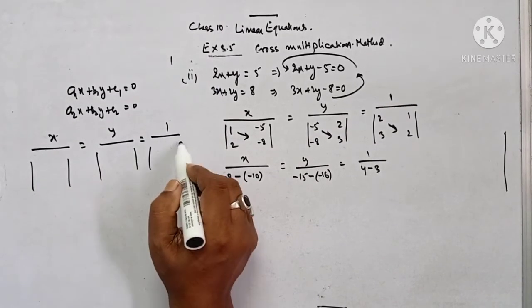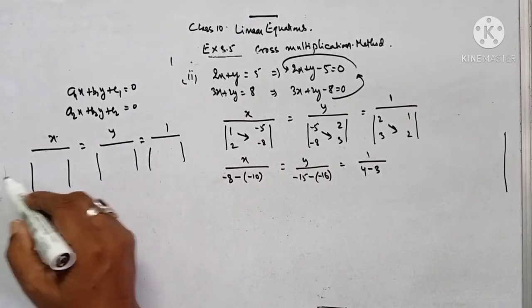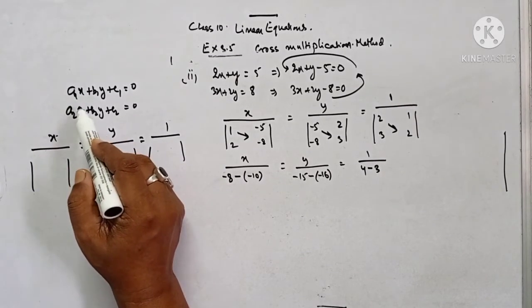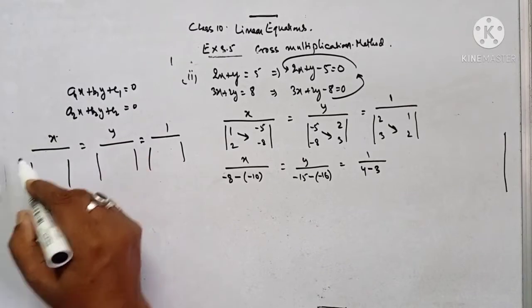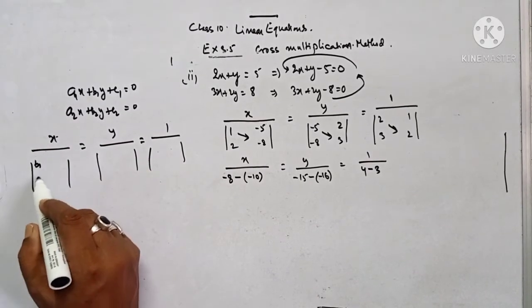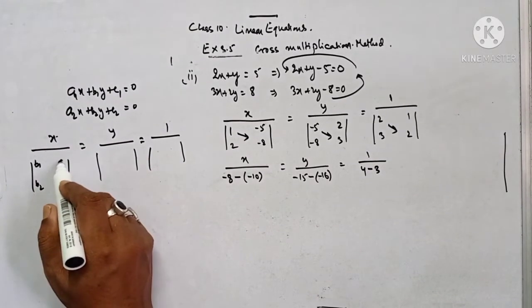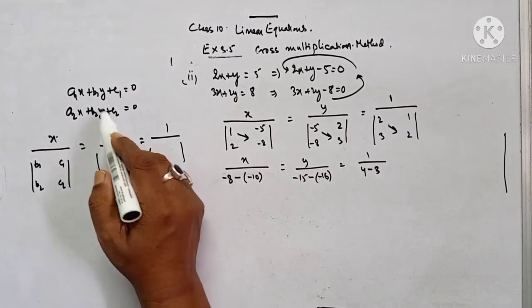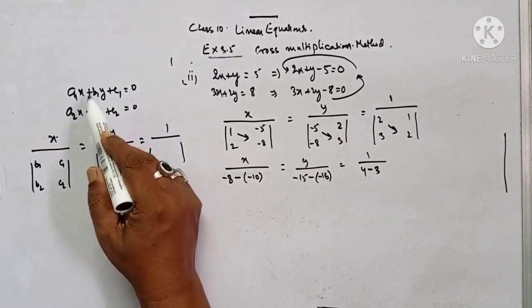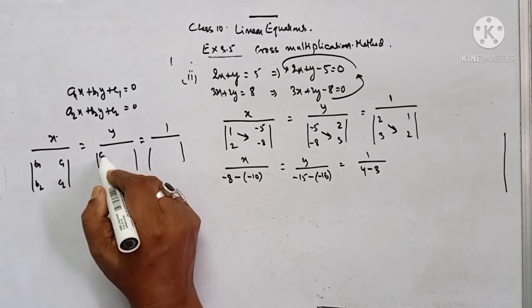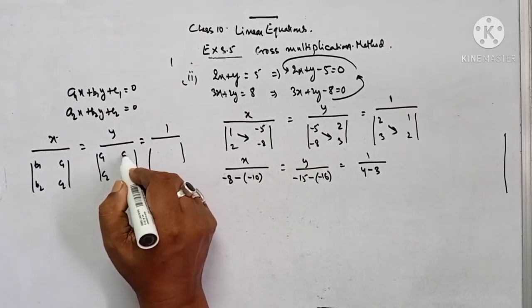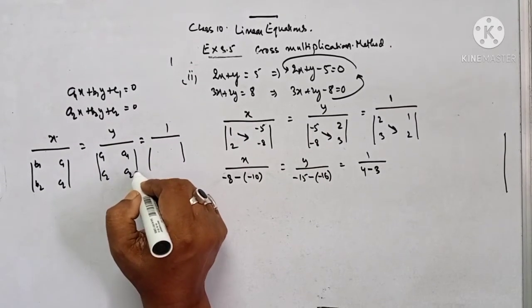So here you see that when you take x, this gets removed. Here it is b1 b2 c1 c2. When we take y, this set is removed, so this is c1 c2 a1 a2.